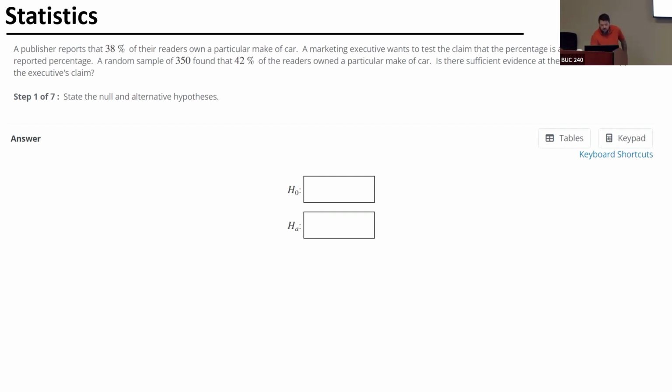Good news is this. We know we're dealing with a P, and what you do with a P in one, you're always going to deal with a P in the other. The null is always what type of statement? Equality statement, exactly. And so what are we going to put for our unbiased estimator?